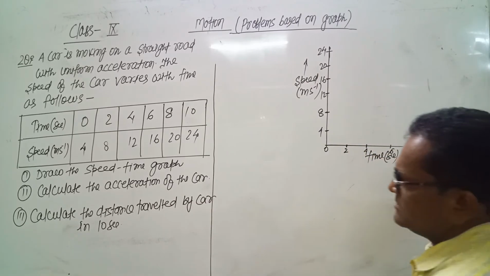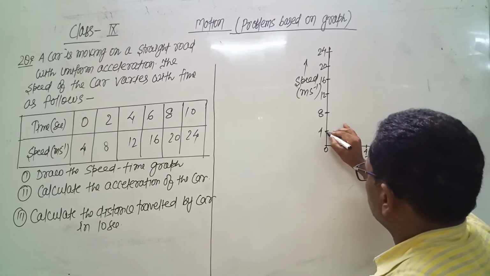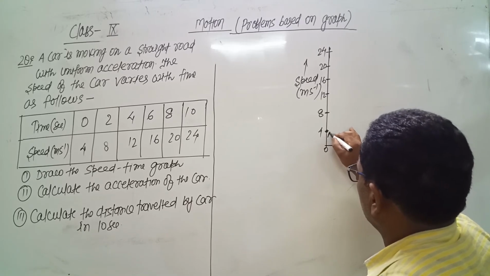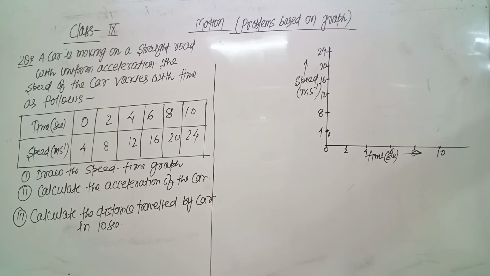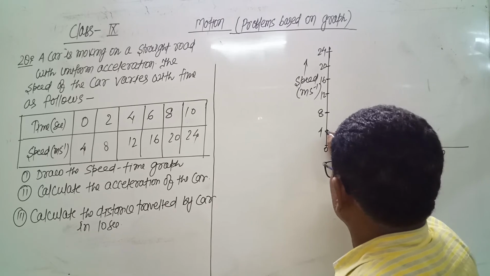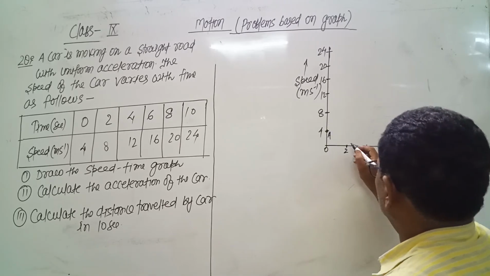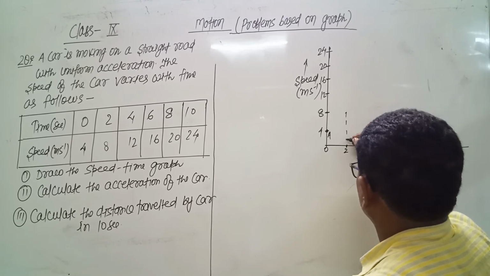So at time t equals to 0, the speed is 4. Means body is started from point A. Its initial speed is not 0. At time t equals to 2, the speed is 8 meter per second.